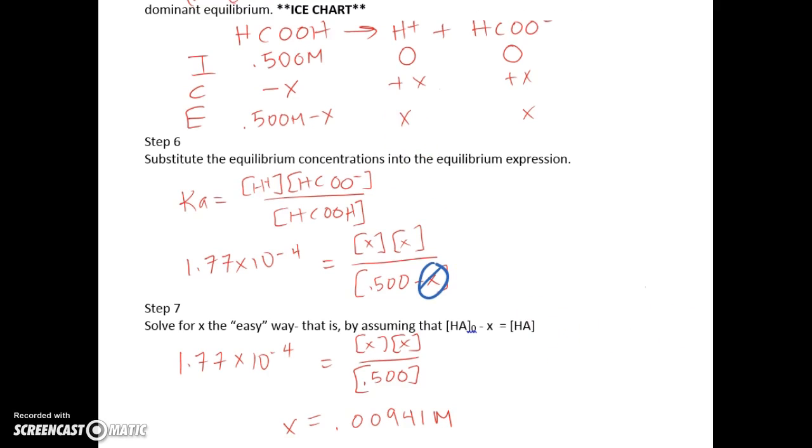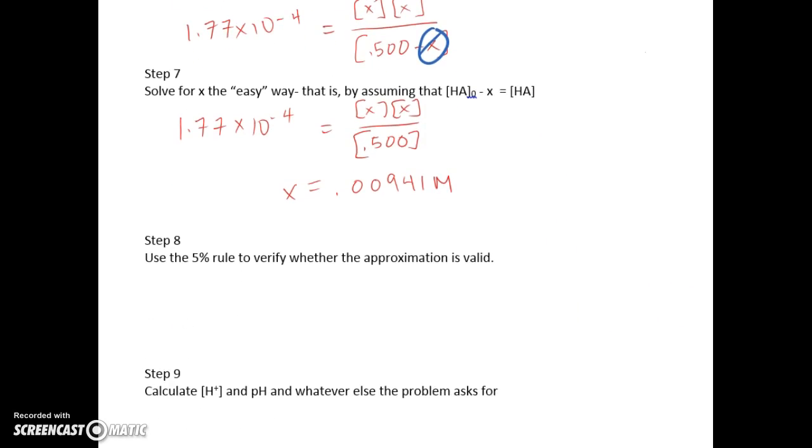If I'm going to eliminate that x that's subtracted from something, I have to use something called the 5% rule. So I need to see whether that's valid. I need to take 5% of the original concentration.